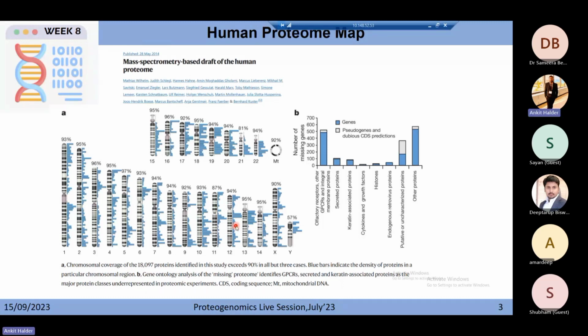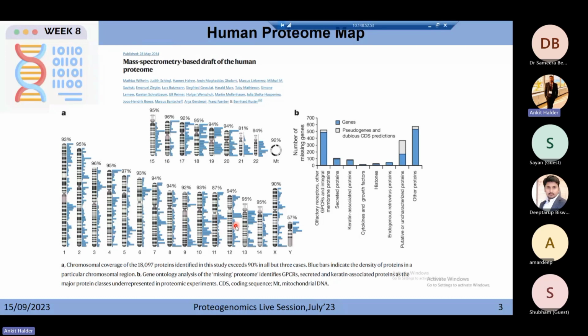As we had discussed, it can be approached in two different ways. One is that you can identify your proteins using antibody based approaches.